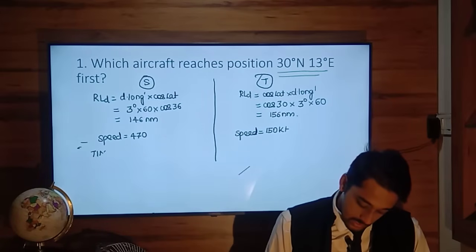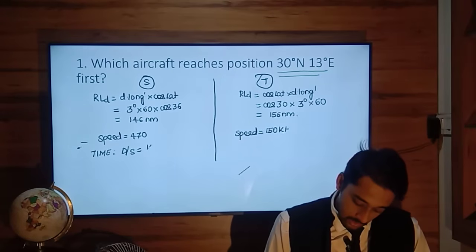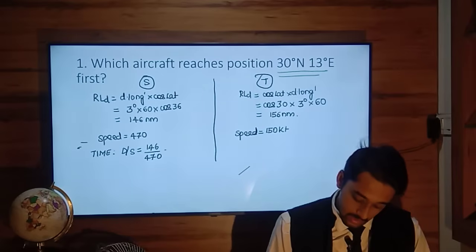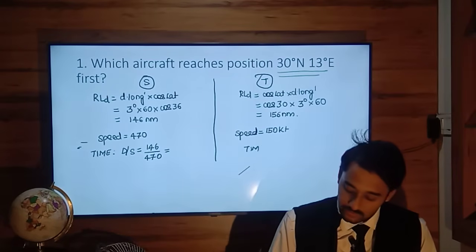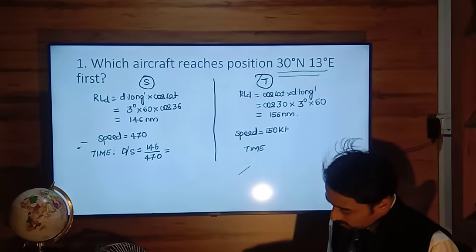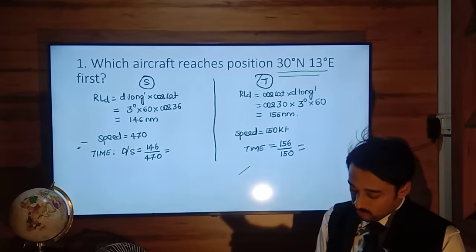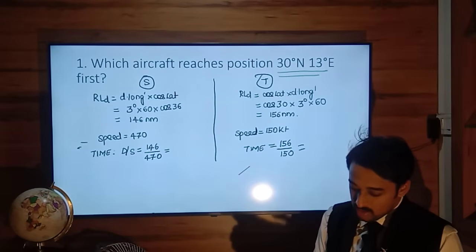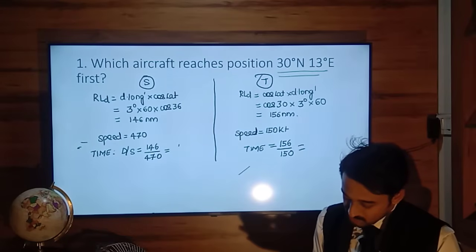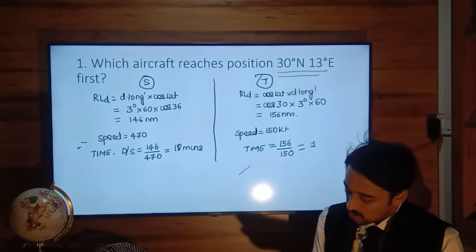Time is distance divided by speed: 146 divided by 470 here, and 156 divided by 150 here. In both cases, 146 divided by 470 is 18 minutes, and 156 divided by 150 is 1 hour 2 minutes.